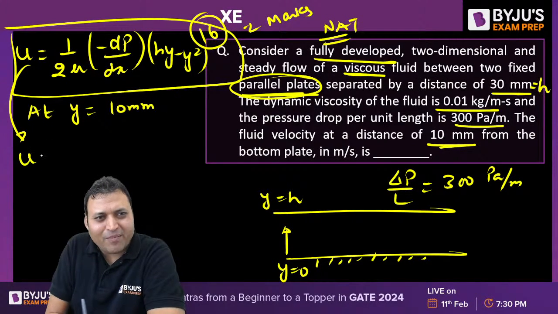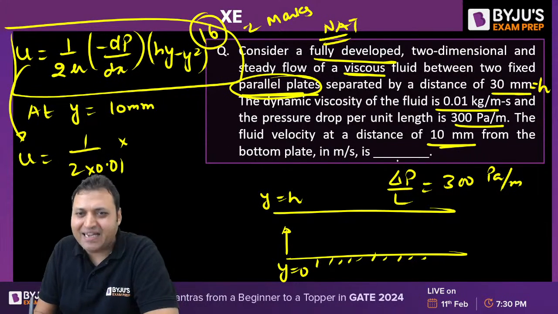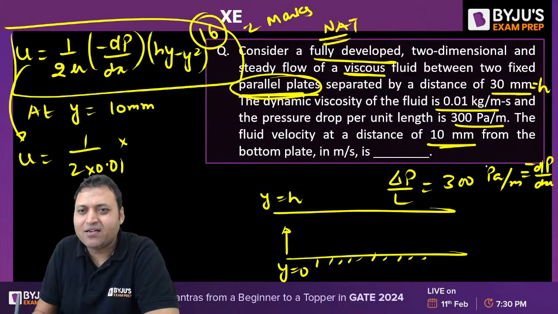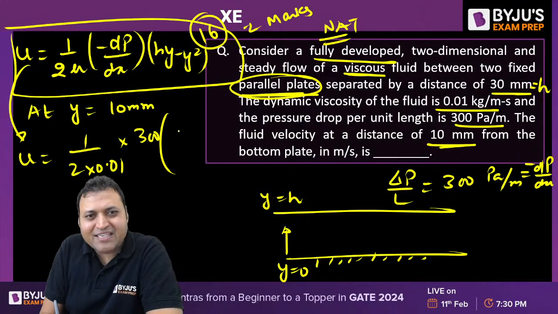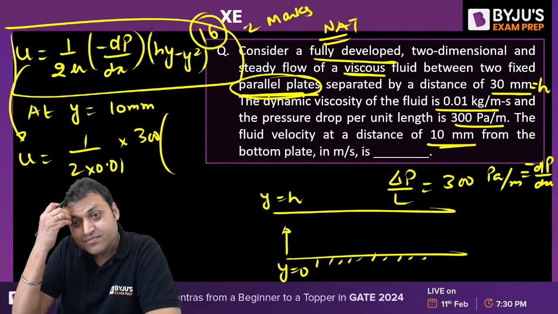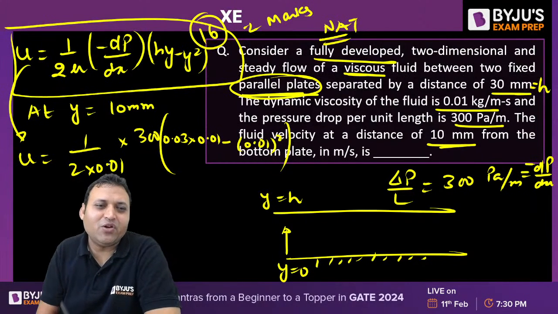Simple question, formula based. 1 upon 2, viscosity is 0.01, minus dP by dx, that is delta P by L, equal to 300 Pascal per meter. And h is 30 mm, so 0.03 into 0.01 minus y square, 0.01 whole square. This will give you the value of u.